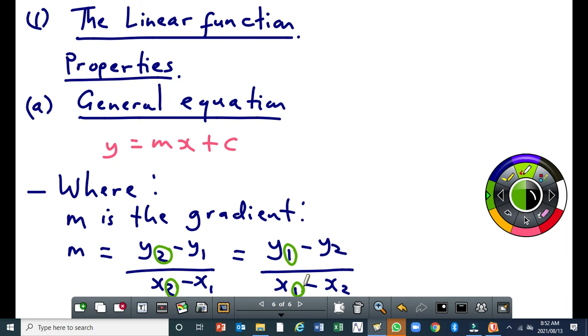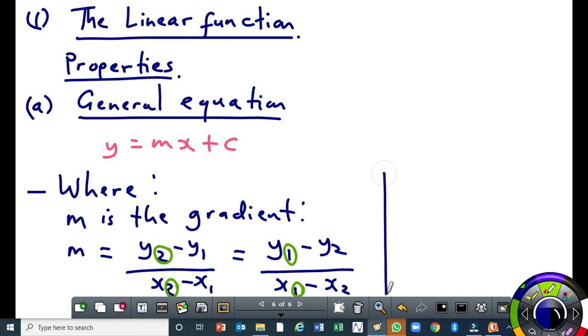C is the y-intercept. C is the value of y when x is 0.